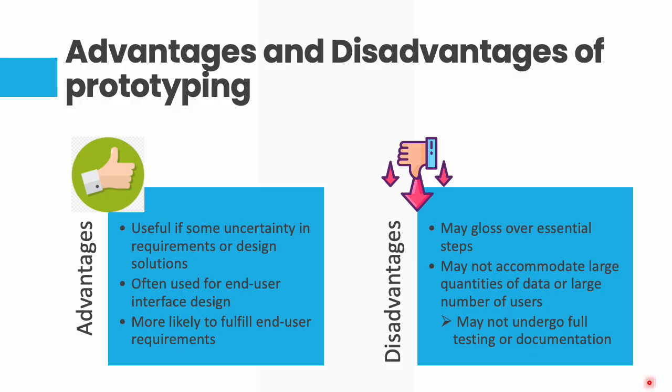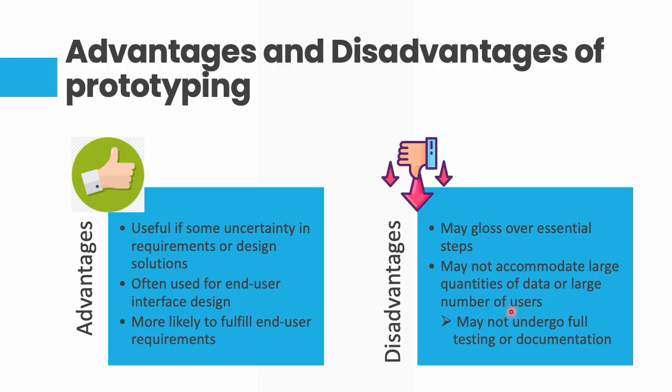And now the disadvantages, the not so good part. First of all, it may gloss over essential steps. For example, they may not handle a large number of users or a huge amount of data efficiently. The second disadvantage is that it may not accommodate large quantities of data or a large number of users.